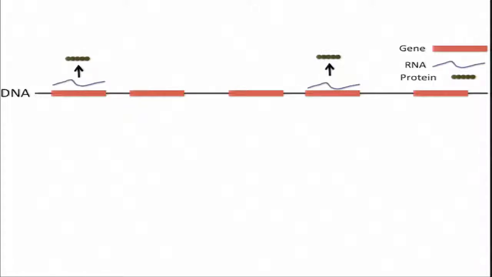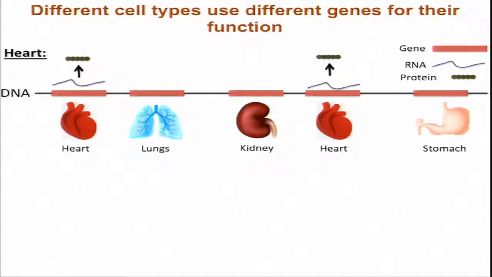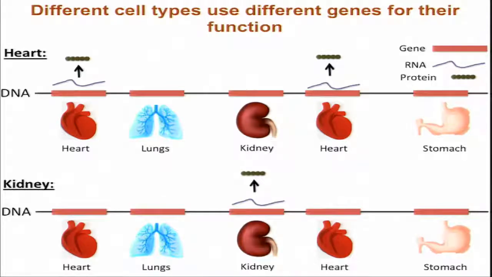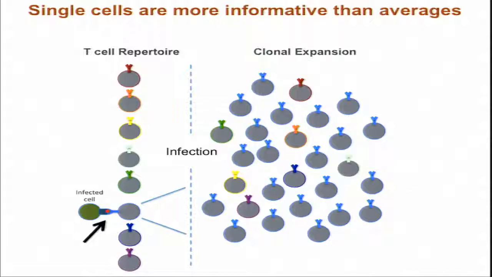You can imagine these different genes have different functions. If you take heart cells and do RNA-seq, the genes that are important for heart function will be expressed. Likewise, if you do it in kidney, the kidney genes will be expressed, and these other genes will not be expressed. So we wanted to apply this to these clonally expanded T cells.